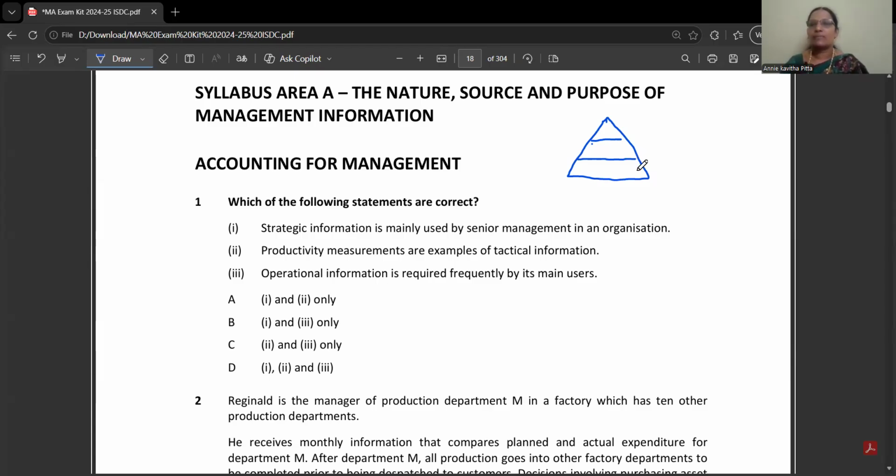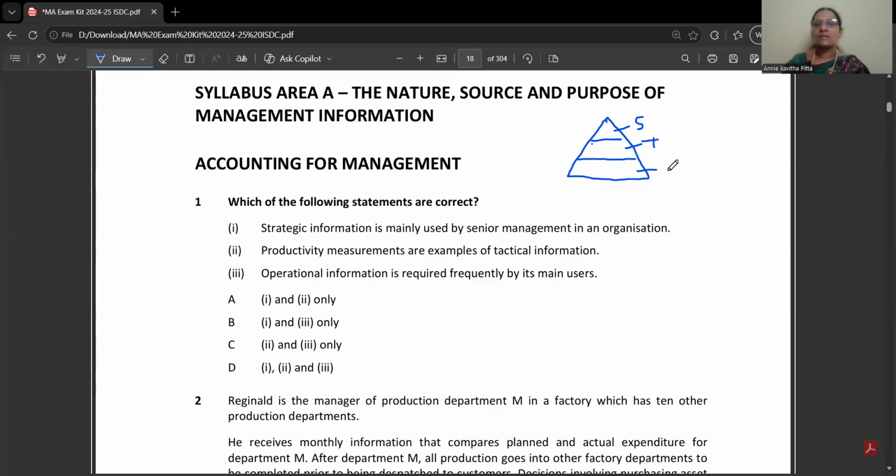And the bottom level we call the low level or operational level. So, strategic level, then tactical or middle level, functional level, and the last one is operational level.